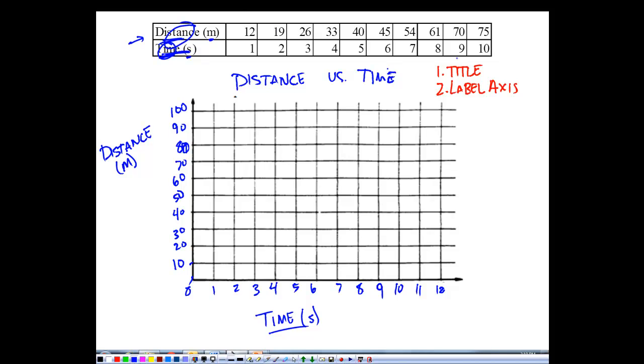Very easy scale. So we have a title, we've labeled our axes, and we've scaled our axes. All that's left for us to do is graph.